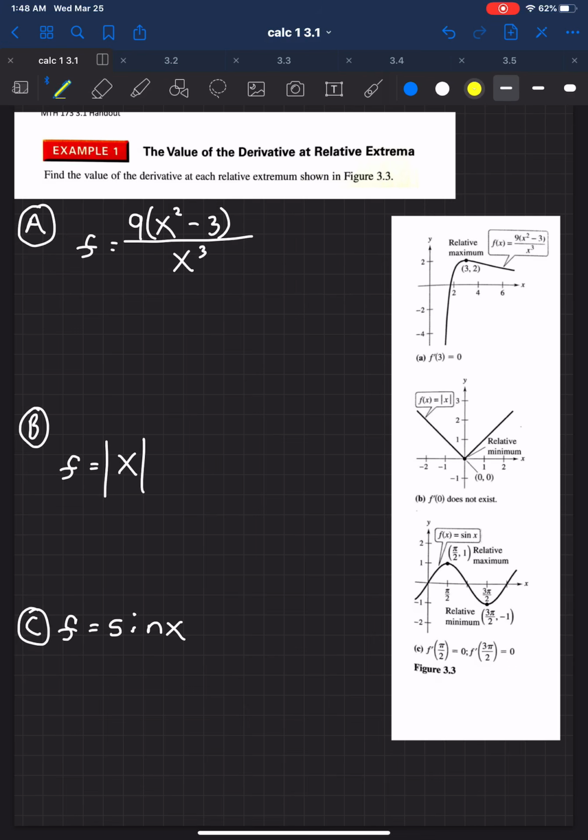So here's a relative extremum. I don't like that color, let's change it. Here's a relative extremum, here's a relative extremum, here's a relative extremum. So each of these graphs has relative extrema. We want to talk about the value of the derivatives.